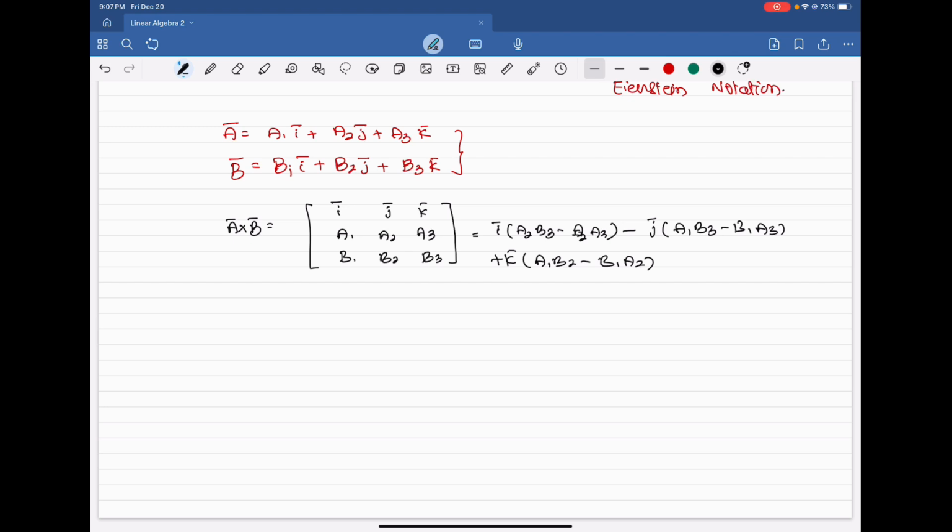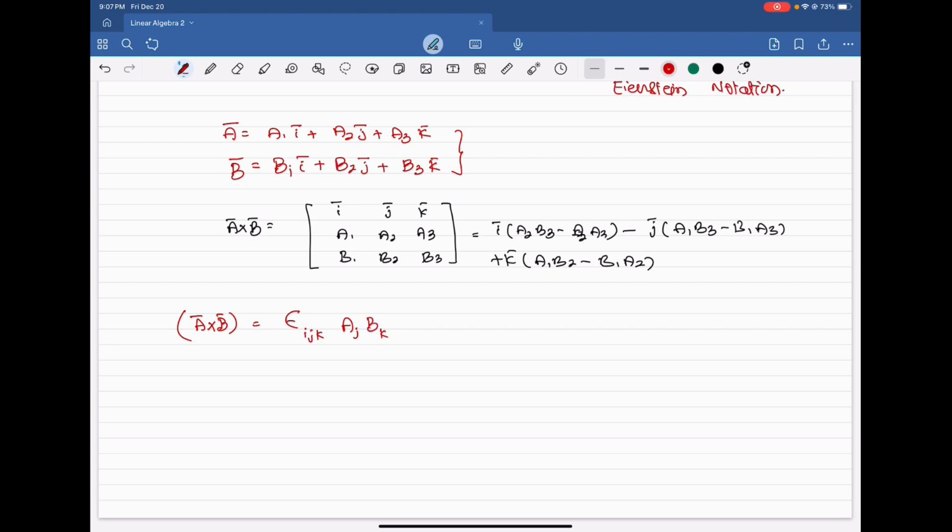A cross product, please remember this: A cross B is equal to epsilon IJK, you leave the first one and you write AJ BK.